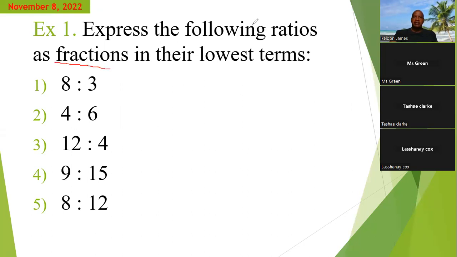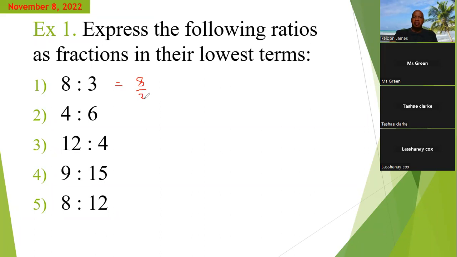So if we're expressing them as fractions, it means that when we're writing the ratio, we write the left number to the colon over the right number. So in other words, here the 8 becomes the numerator and the 3 becomes the denominator. So this becomes 8 over 3.